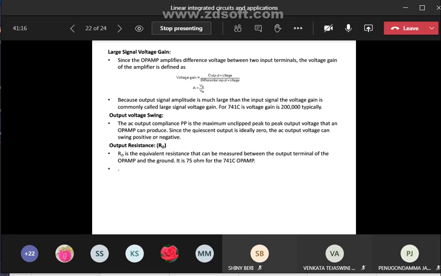Next, output resistance. RO is the equivalent resistance that can be measured between the output terminal and ground. The typical value of output resistance is 75 ohms.